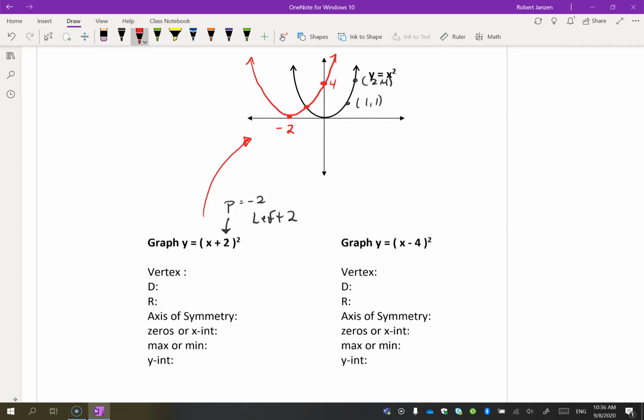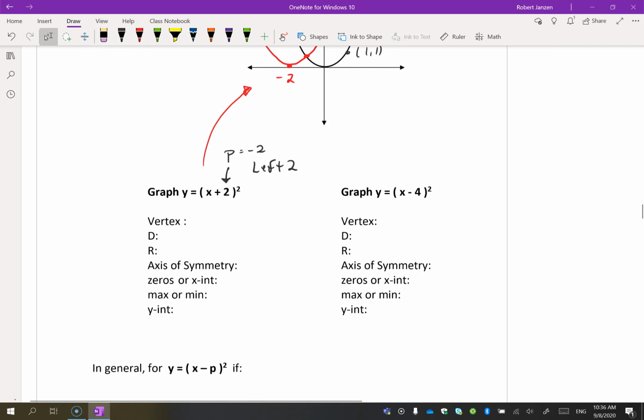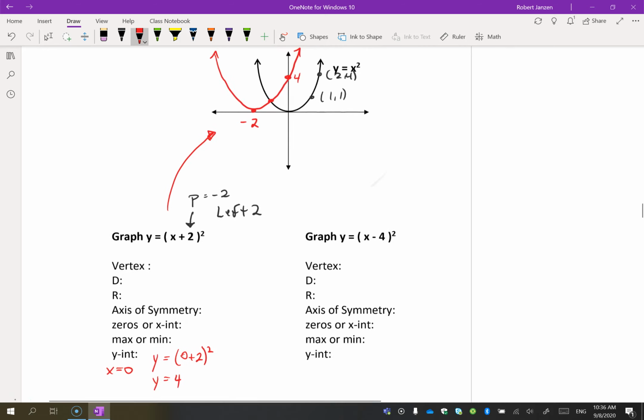This one is going to be negative 1, 1. Or maybe you don't know the y-intercept, so you make x equal 0. And so in the equation, y equals 0 plus 2 squared, you get y equals 4. So you can always solve it if you don't know exactly what it is.